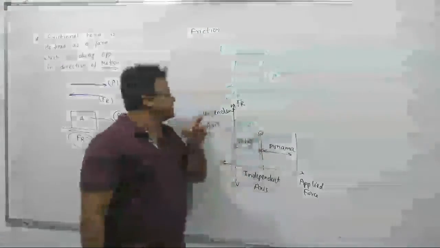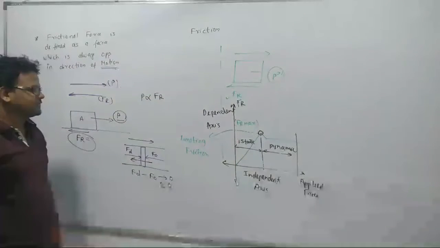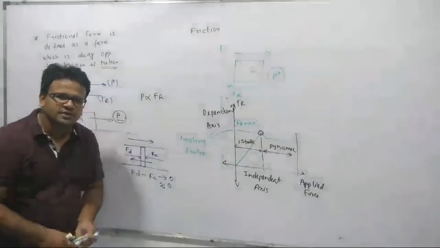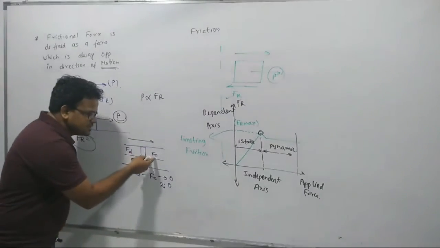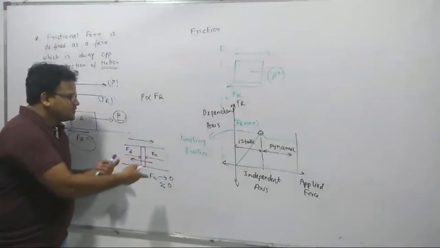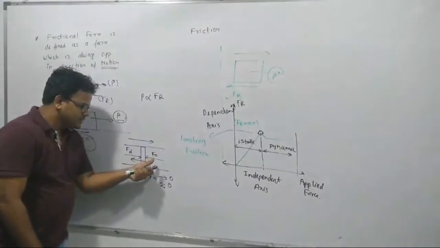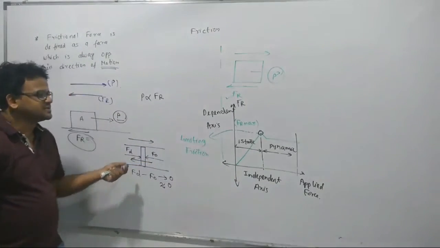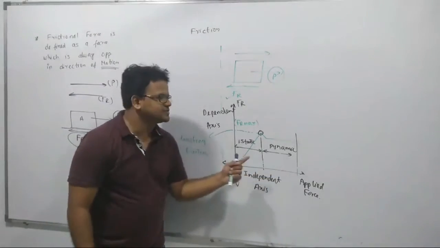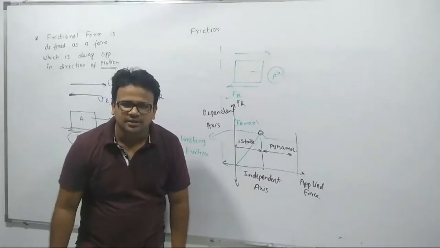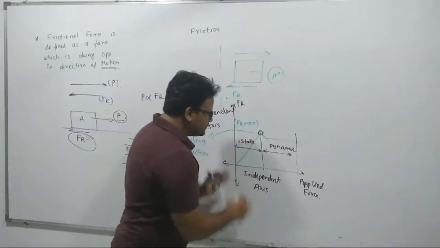So this point is important. A small increase in the opposing force reverses the entire reaction, and a small increase in the applied force makes the body go from static to dynamic condition. So this graph is quite important.